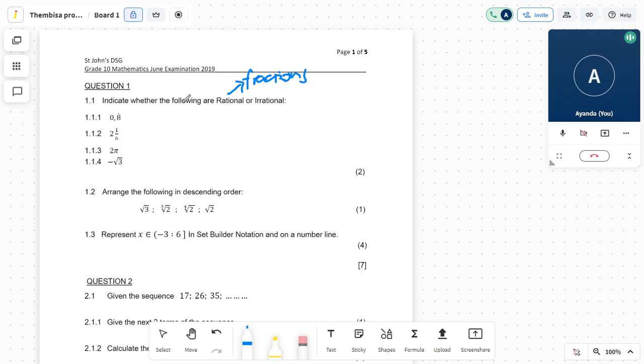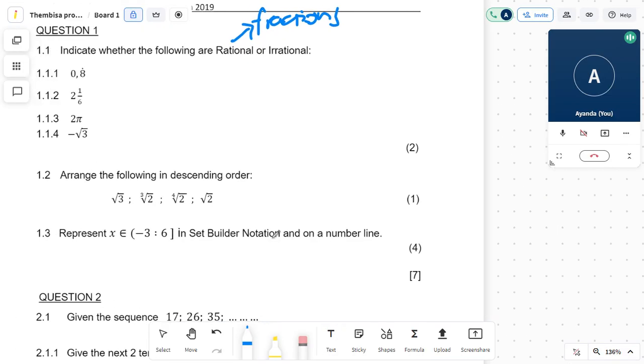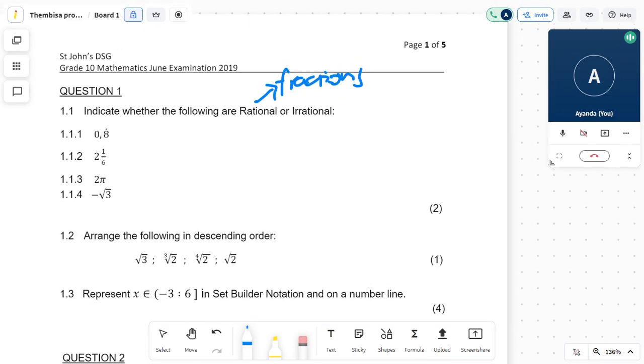But irrational numbers can't be written as fractions, right? So examples of irrational numbers include numbers like pi, which don't have a set pattern. So pi is 3.141519, da da da da da. But there's no recurring pattern.